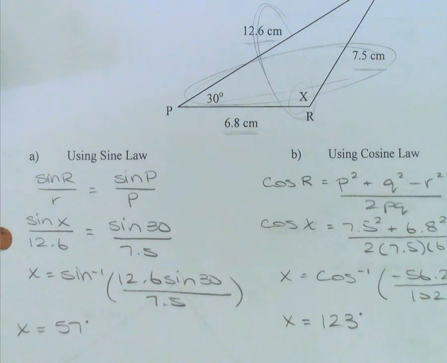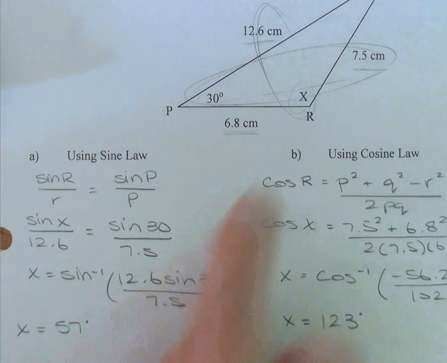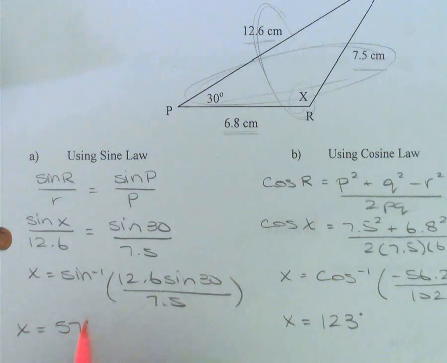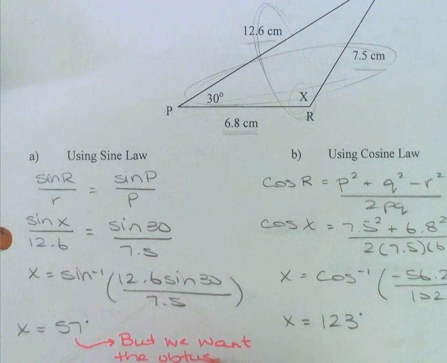But I can always figure out what that angle is. If I look at my diagram and I can clearly see that it needs to be obtuse, to get to 123, we say, but we want the obtuse angle.